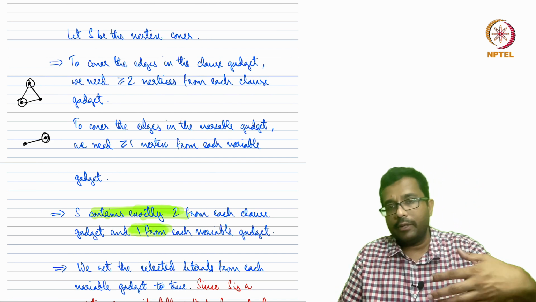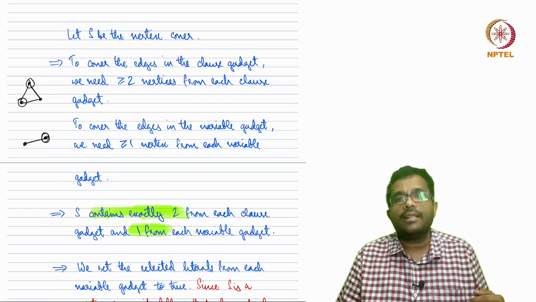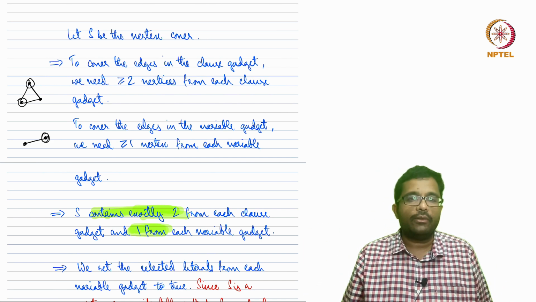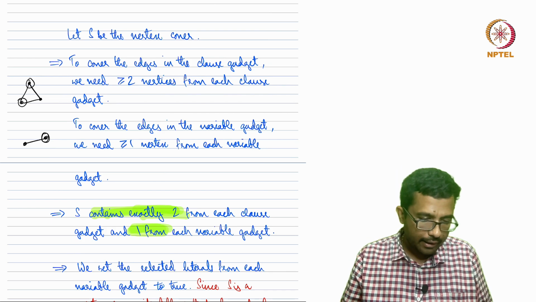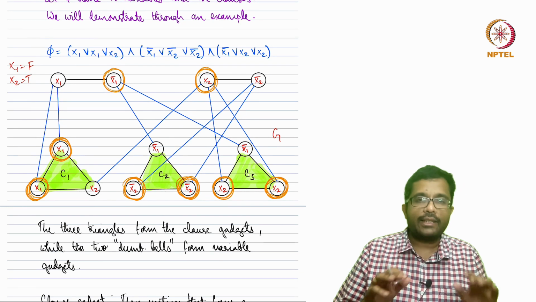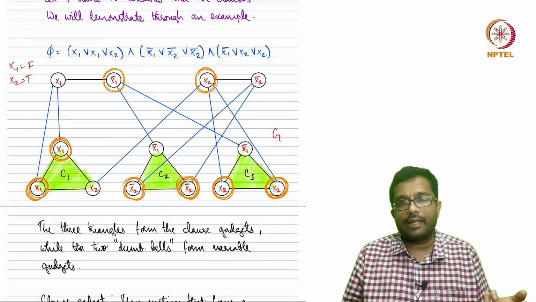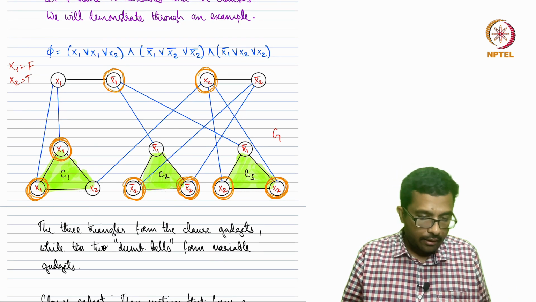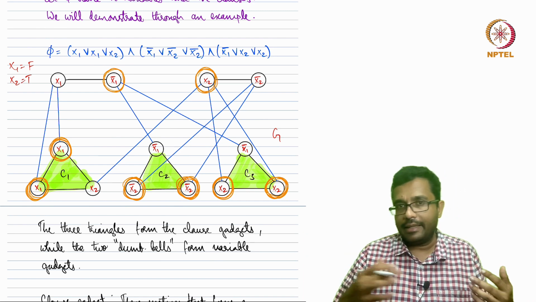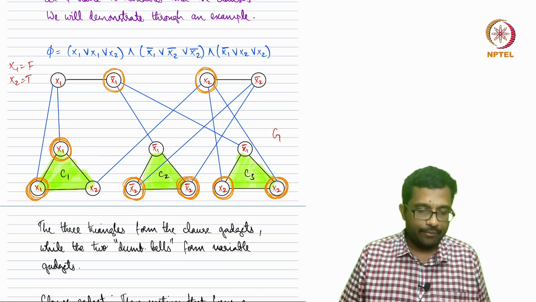Because if you try to pick more from some class gadget, some other gadget is going to suffer because of that, and hence it will not be a vertex cover, right? Which means every class gadget contributes 2 and every variable gadget contributes 1. Now it is kind of the same argument that we saw in the other direction of the proof, but in the reverse direction, right?